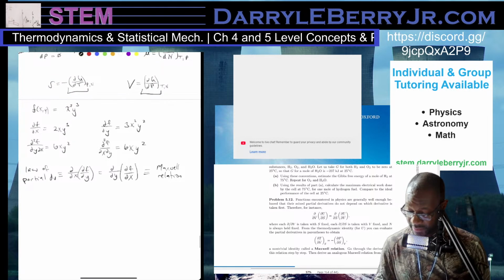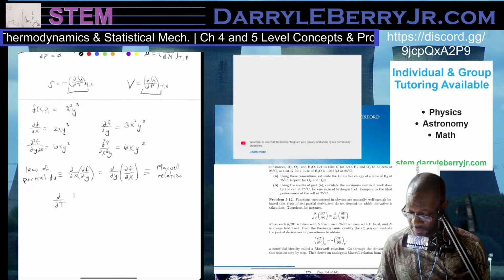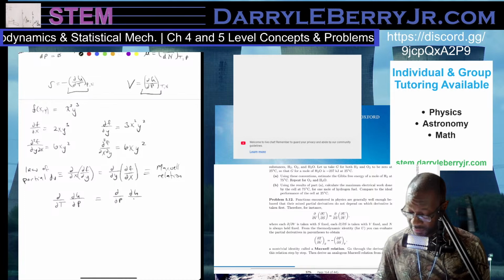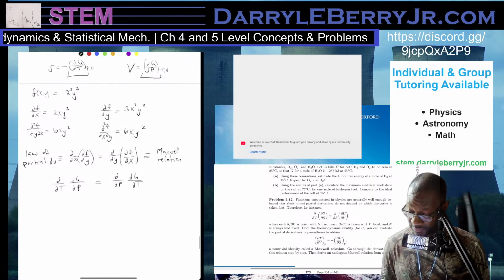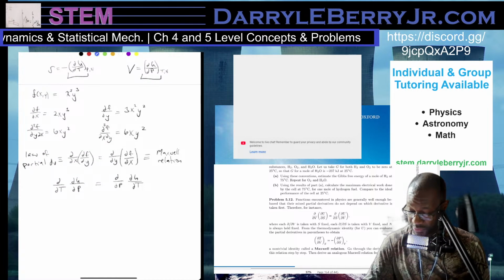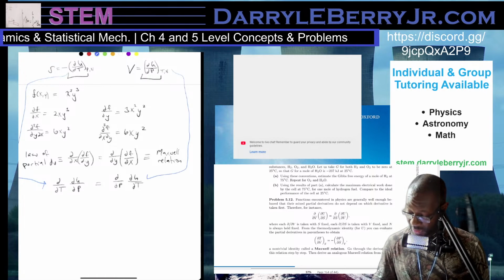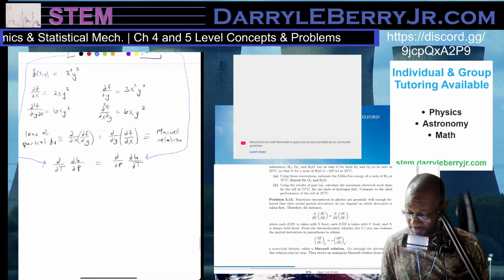So it should be that partial with respect to t of partial g partial p should equal partial with respect to p of partial g partial t. So all I'm doing is just taking these two and mixing them up in the same way.